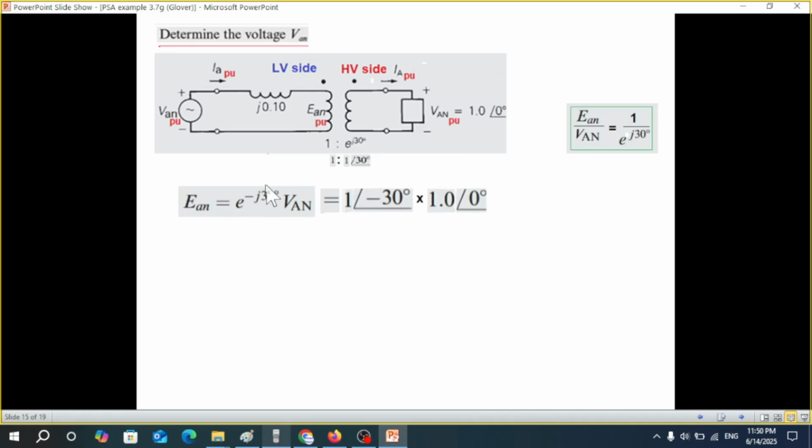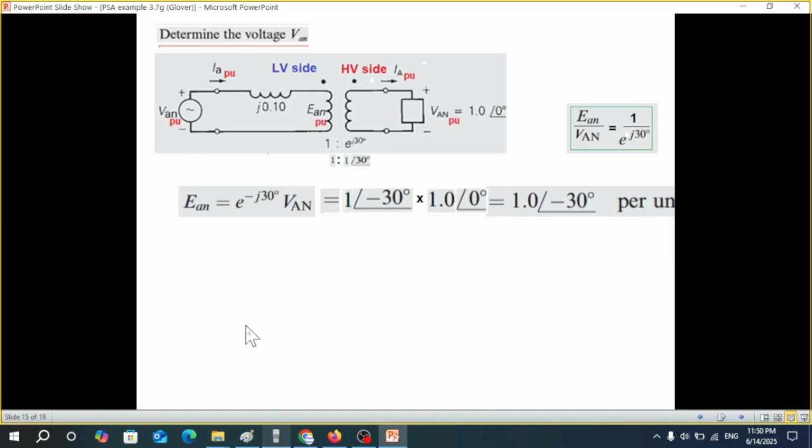Putting the value, this can be written as 1 angle minus 30 degree. VAN is our reference voltage, this one, 1.0 and angle 0. So this is PU. EAN we have found.